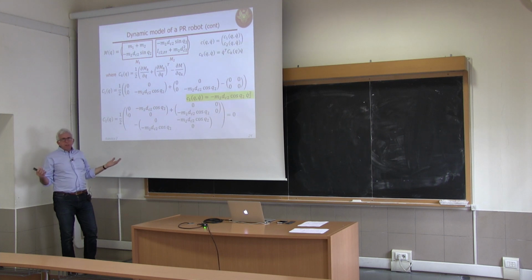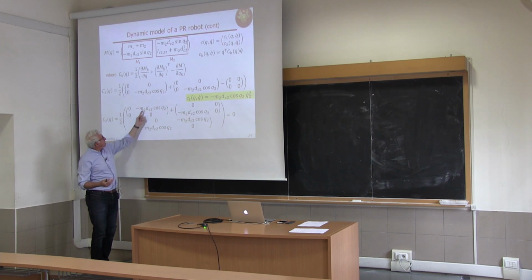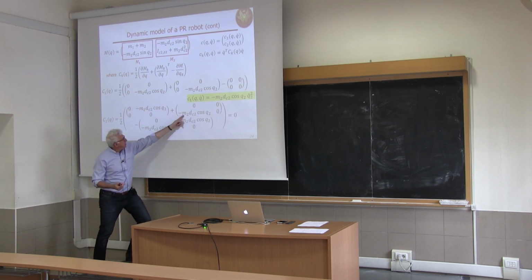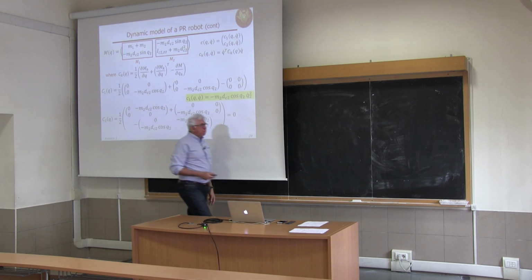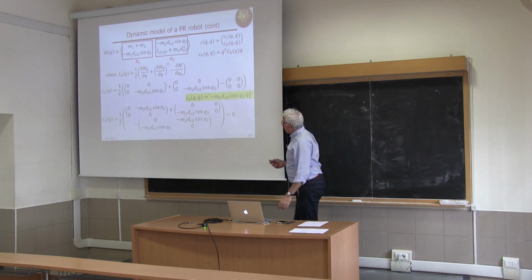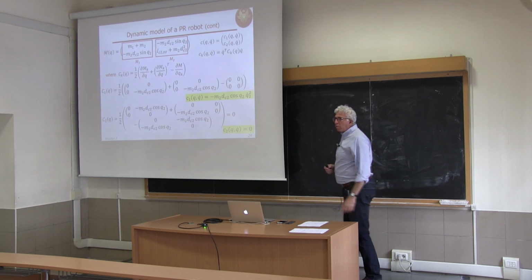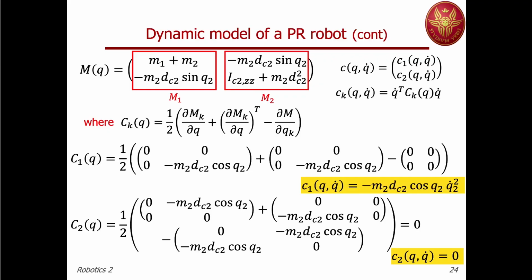Now, all this computation is completely useless in a sense, because we are subtracting this element with this, and this element with this. So the final result is a 0 matrix. And the 0 matrix factoring the quadratic velocities, the second term in this C vector will be identically 0.